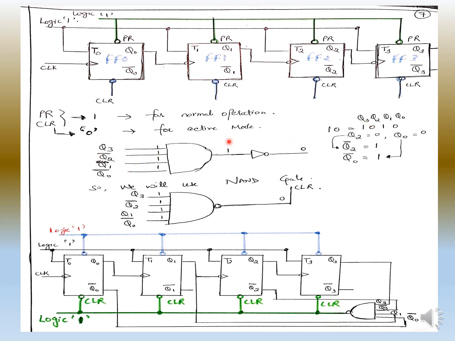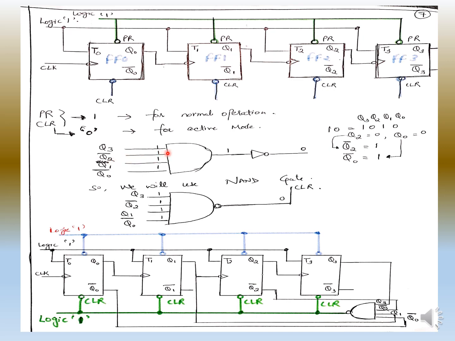Q3 is 1, so I will apply Q3 here. Now Q2 is 0. If I apply Q2 here, the output will be 0, but we don't want 0, we want 1. So I will apply Q2 bar. Since Q2 is 0, Q2 bar will be 1.